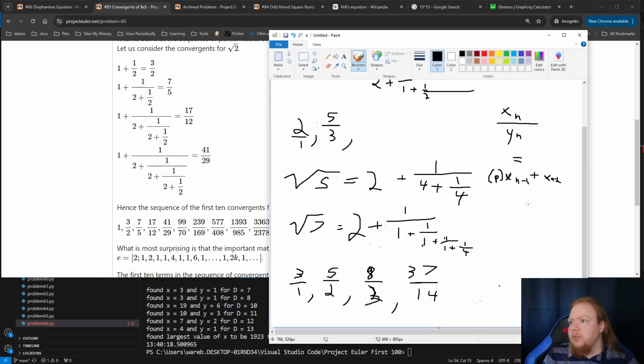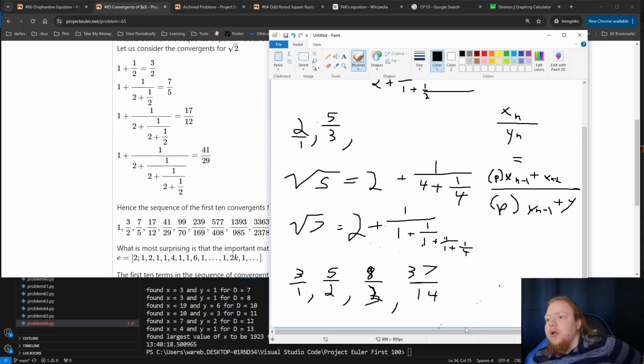That's not readable, but don't worry about it. And then it's p times y of n minus 1 plus y of n minus 2. I'm not going to bother writing it all out.